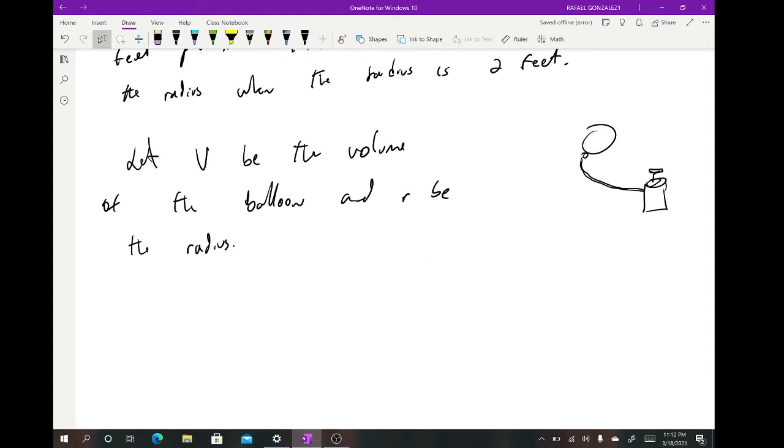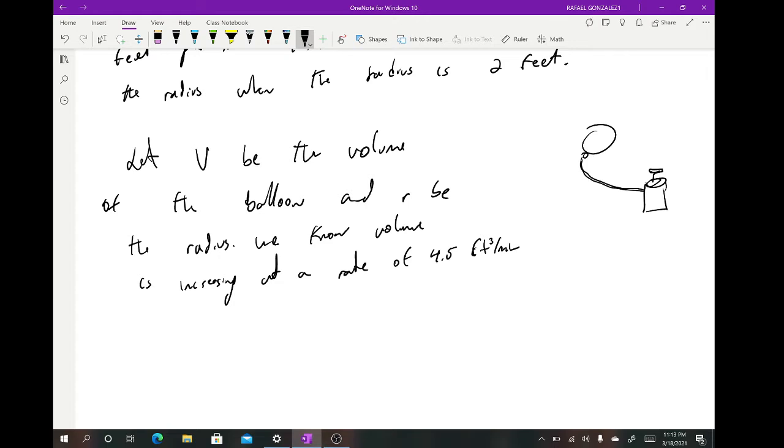Well, we know that the volume is increasing at a rate of 4.5 cubic feet per minute. So we know the volume is increasing at a rate, and this rate is constant, of 4.5 cubic feet per minute.